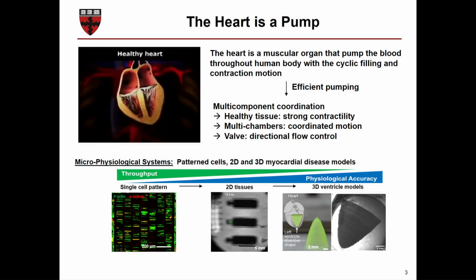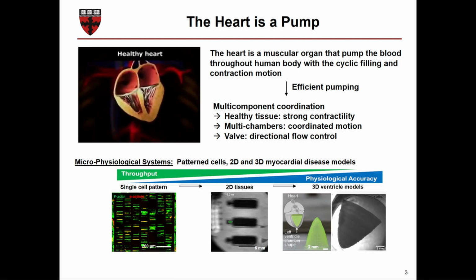So the heart is a muscular organ that pumps the blood throughout our body. It does not only contract and relax during the cycle; there are more coordinated functions related to making the pumping efficient.